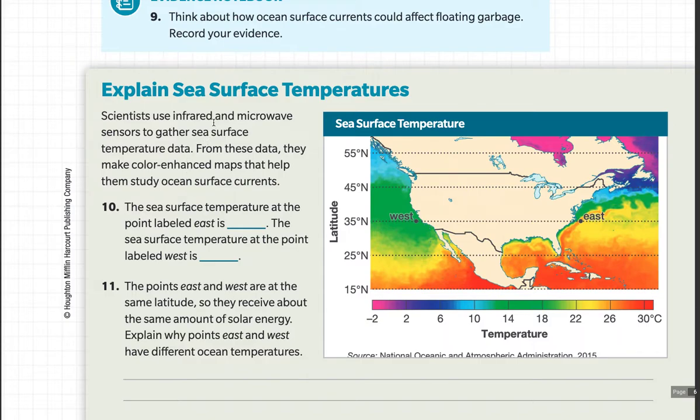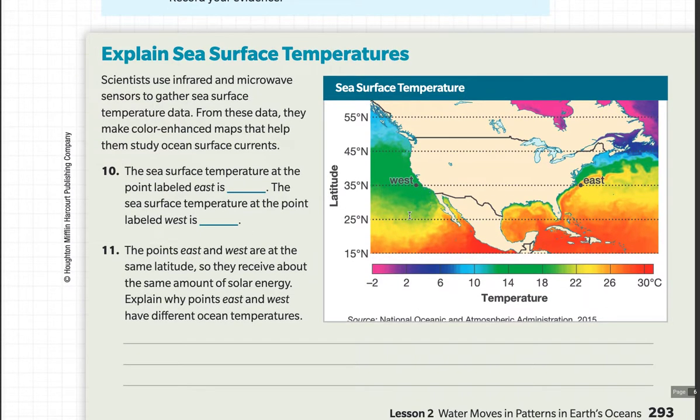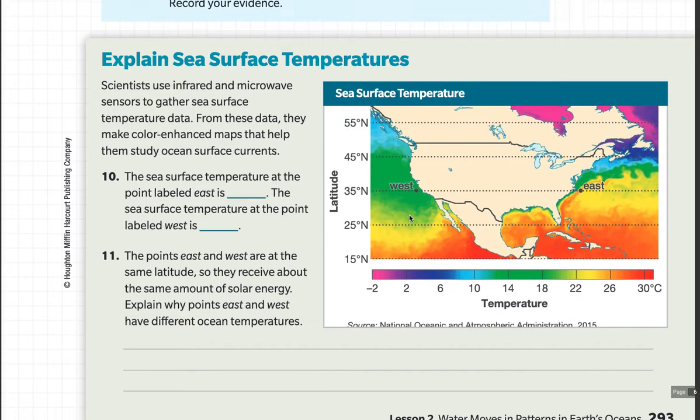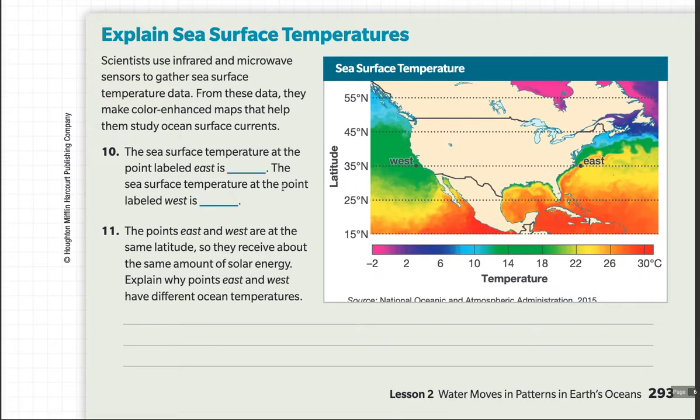Explain sea surface temperatures. The sea surface temperature at the point labeled east is something. The sea surface temperature at the point labeled west is something. What are you supposed to write here? Maybe just the temperature.